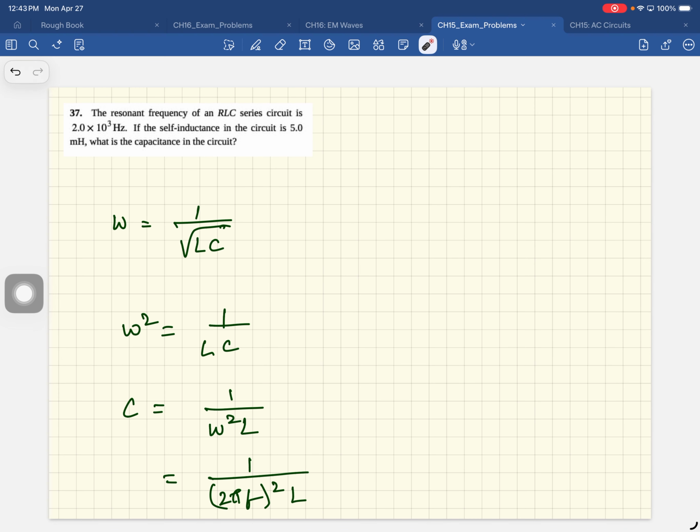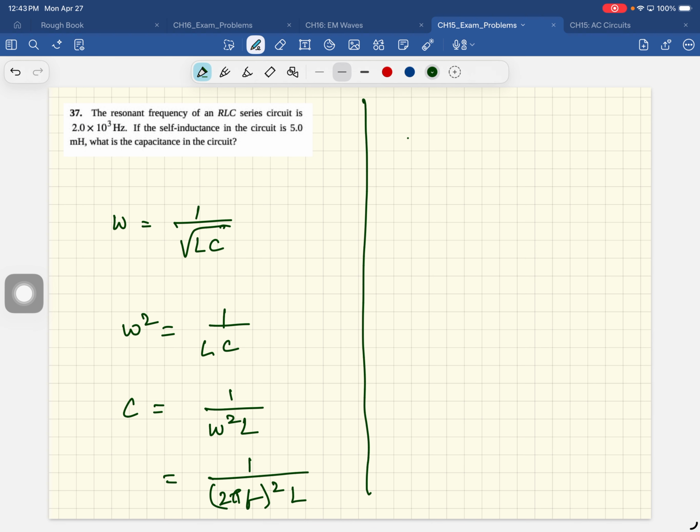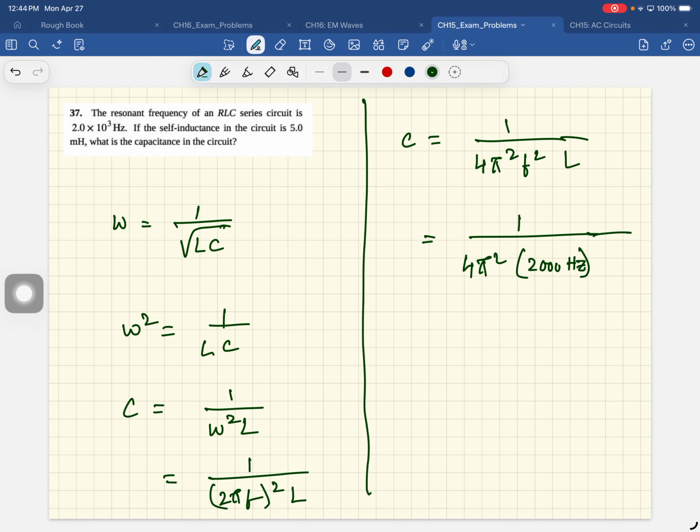F is the linear frequency that they have given. Okay, that is cancelled by one of those, so that's 4,000, and into 5, and this will come out in farads.